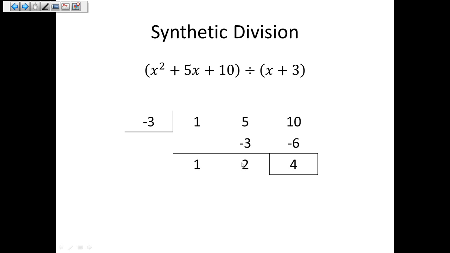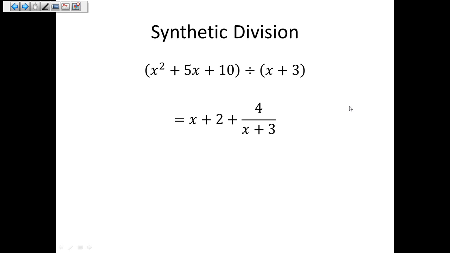So this is the constant, this is the x term. So the 1 goes as a coefficient on x, the 2 is our constant, and the 4 is our remainder. And again, the remainder goes over the binomial that we're dividing by. So here's our answer for this division process.